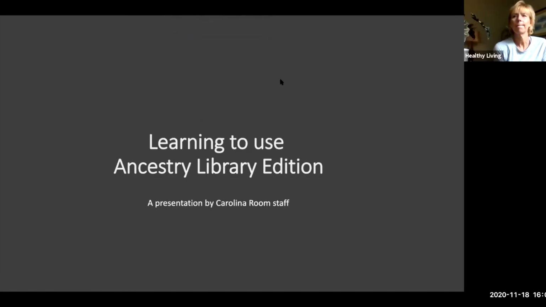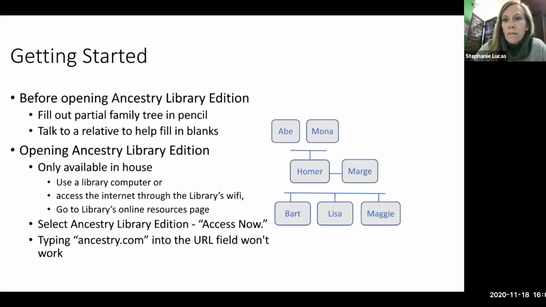Yes, we can. Okay, so we are going to talk about the basics of how to get started with the library edition of Ancestry. So the Carolina Room, which is in our main library in Uptown, they're kind of our genealogical experts. They've put this information together to help you with getting started.